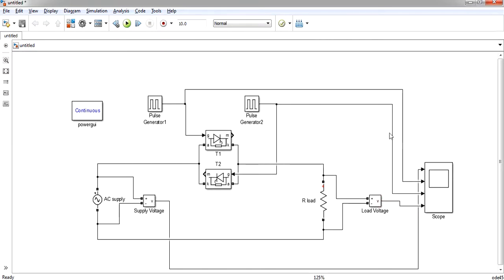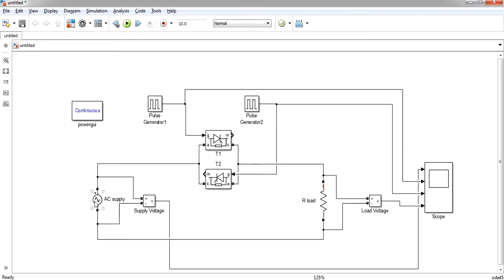So in this way we have connected all the outputs, or you can say whatever waveforms we want to observe, that we have connected to the scope. So we are done with all the settings or configuration, or you can say connections.